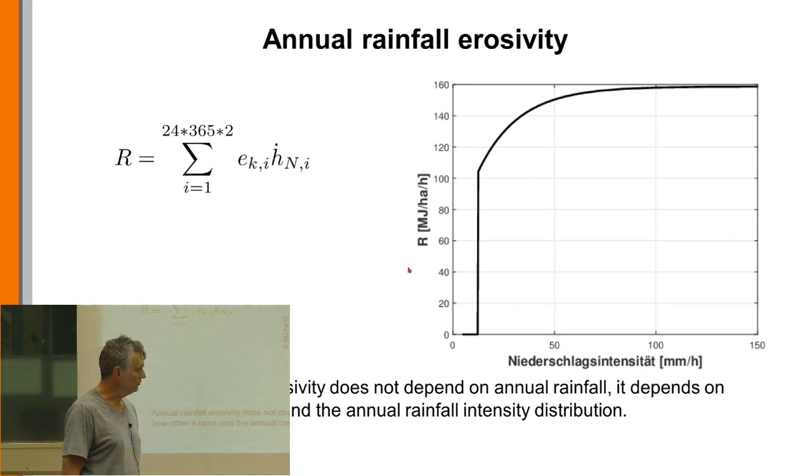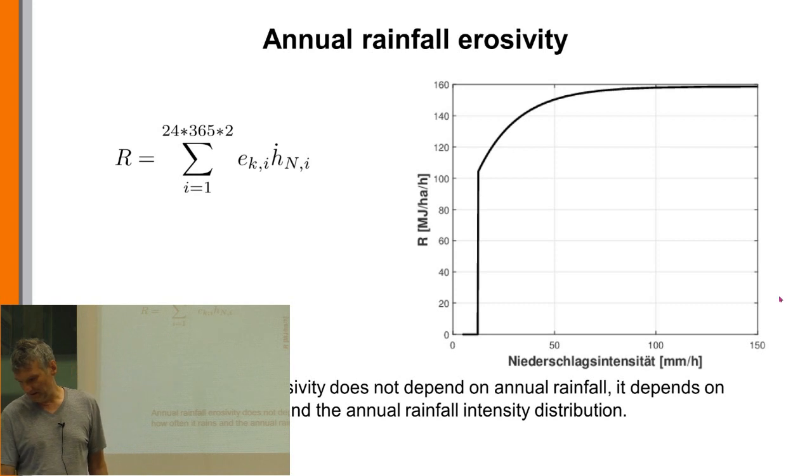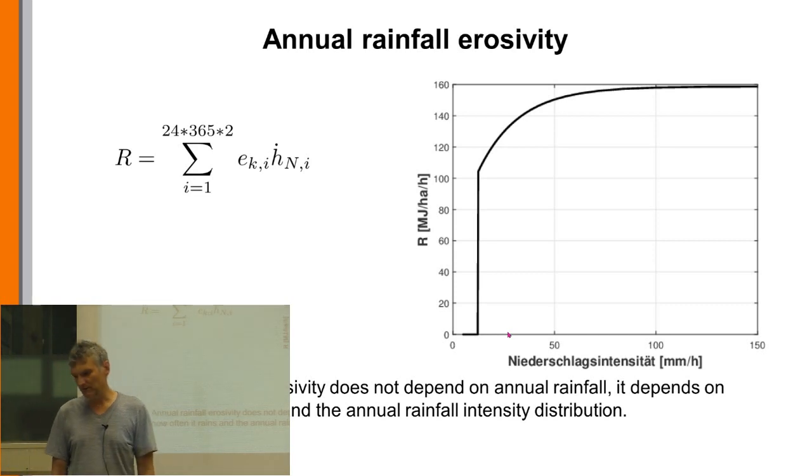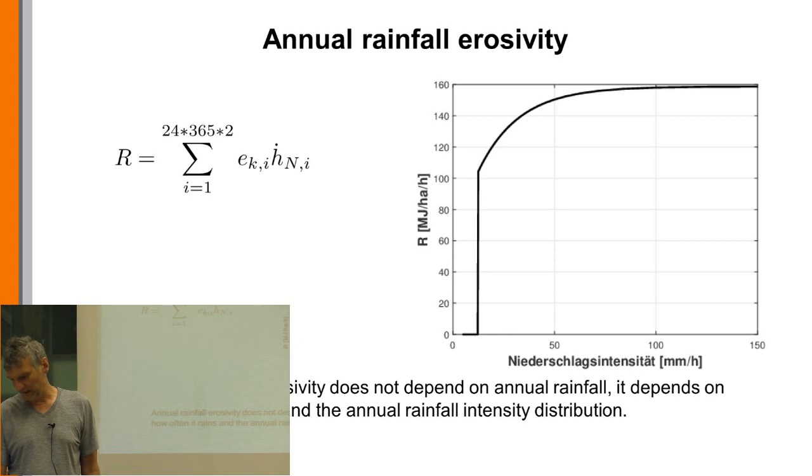And when we go to 25 millimeters per hour, we have 20 rainfall events per year with 25 millimeters per hour. Then we could go up here.